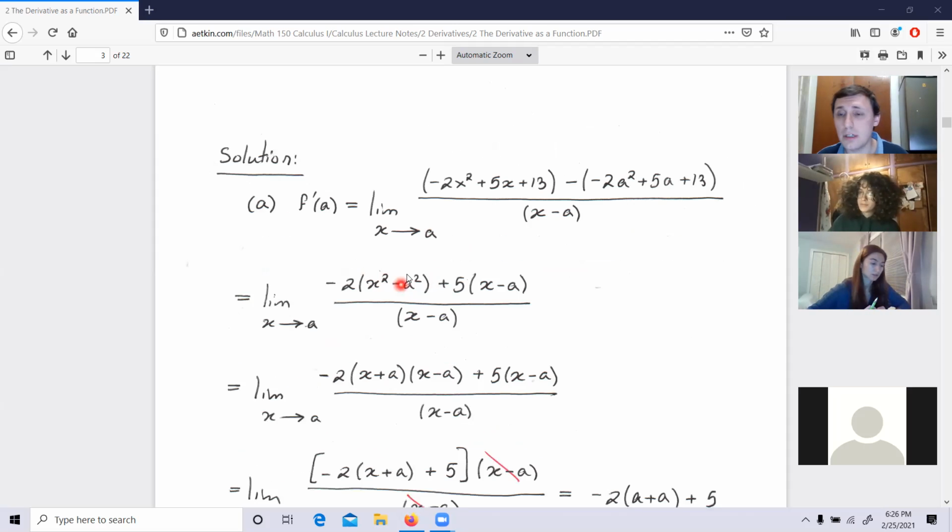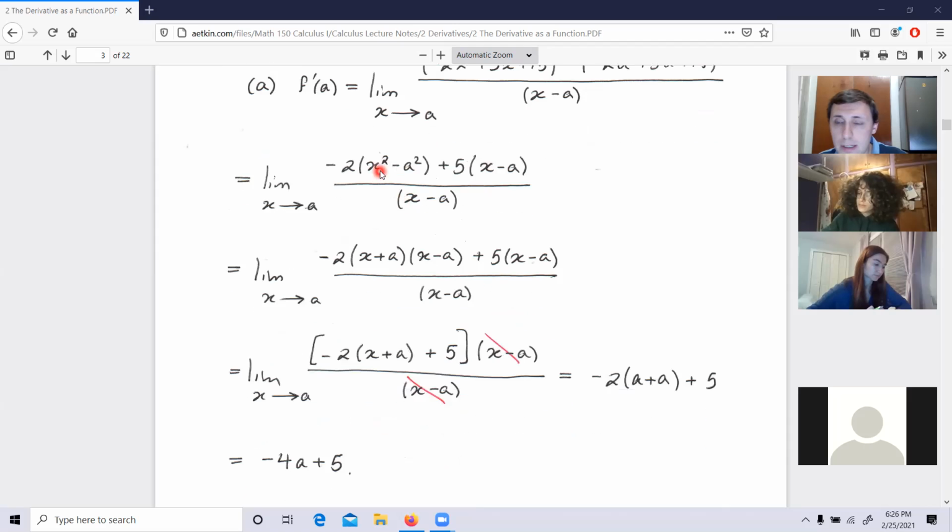So now we're here. Look what I'm doing now, guys. I am factoring x squared minus a squared into x plus a, x minus a. Yes? And notice now that I have x minus a and x minus a, it's now a product. It's like the distributive law.